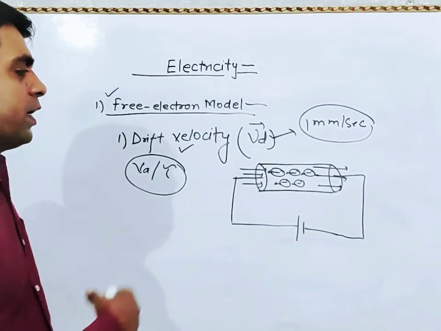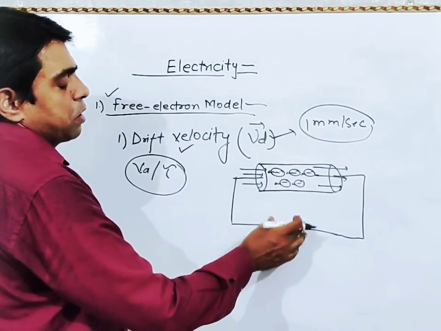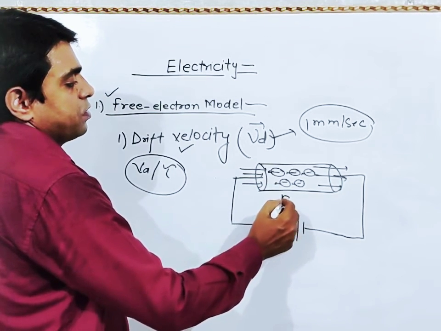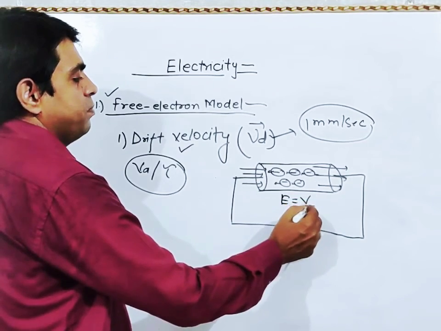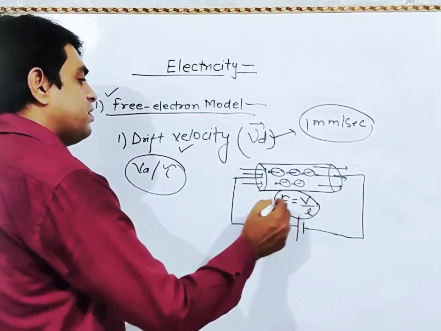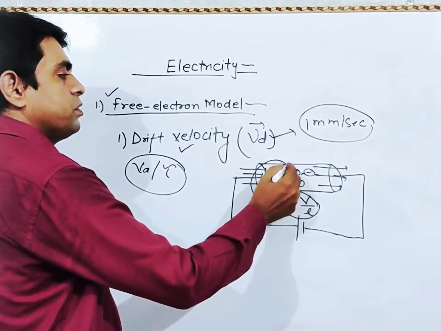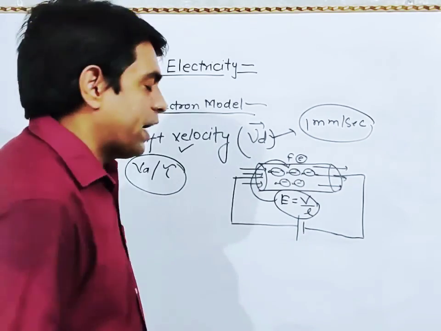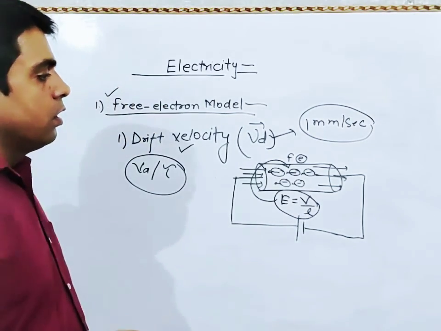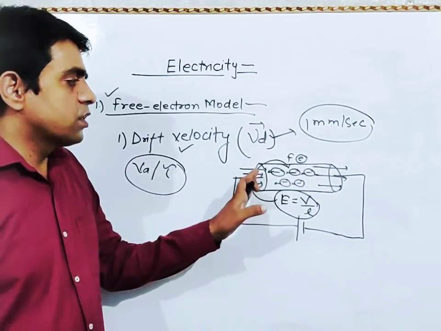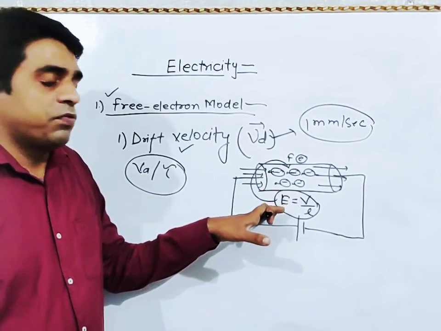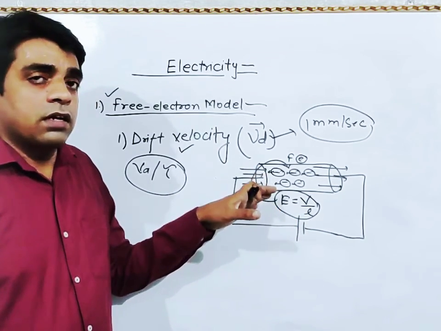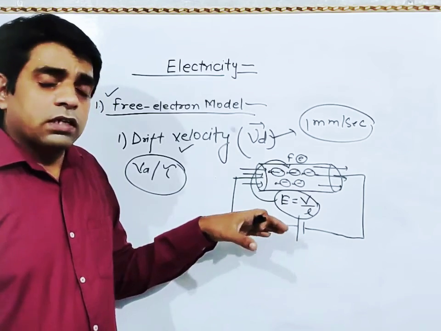Basically when we apply a kind of potential across the conductor, a kind of electric field generates, और यह electric field generate होती है, and this is given by V by L. Now this electric field imposes a kind of force over the electron, due to which it starts to accelerate. फिर से समझिए कि when we apply the potential across the conductor, ultimately an electric field generates. अब इलेक्ट्रॉन अगर इलेक्ट्रिक फील्ड में है तो उस पर फोर्स लगेगा.